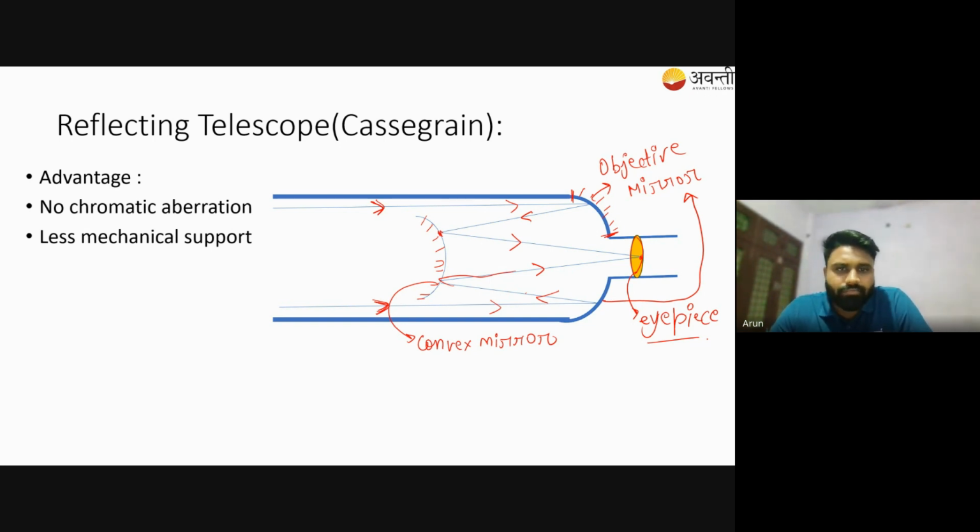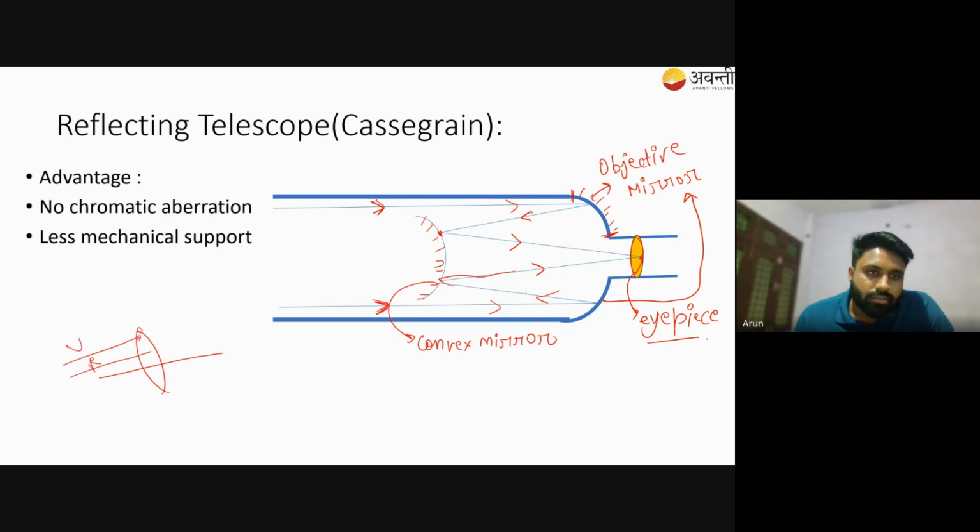Chromatic aberration is like this: if this is a lens, this is violet color and this is red color. It has a refractive index mu. So mu will change the deviation of violet and red color. Violet color has greater deviation than red color.